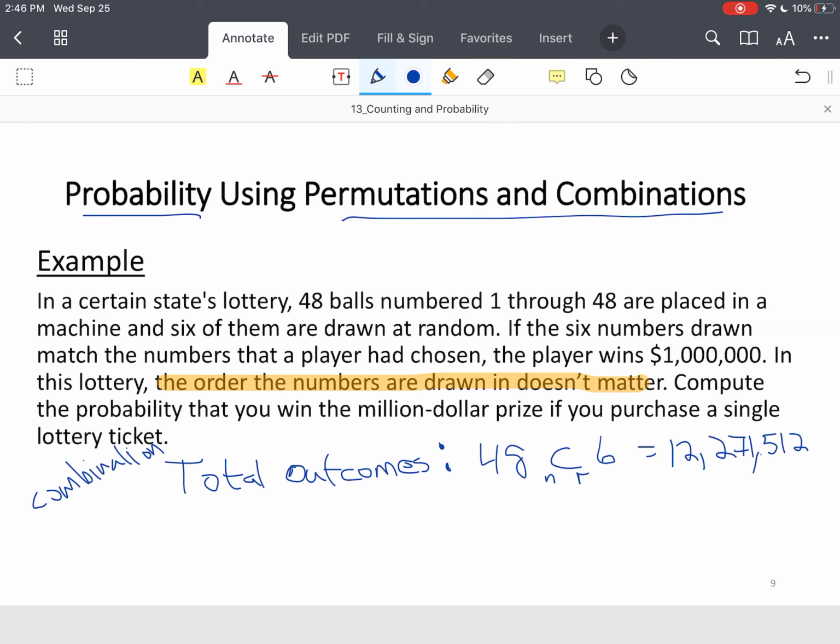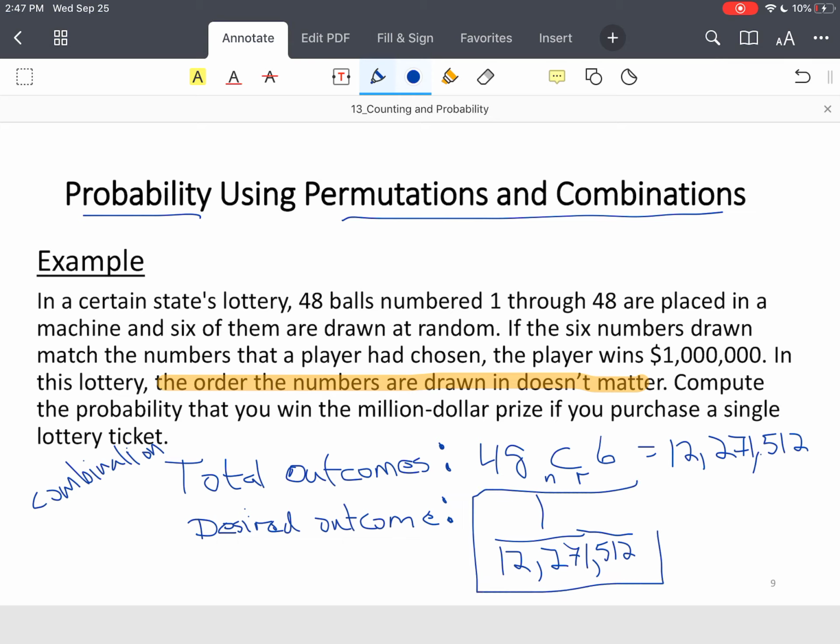total outcomes. Now, the desired outcome: there's only one potential way that you're going to hit that. So 1 out of 12,271,512. As a fractional answer, you can leave your answer like that.